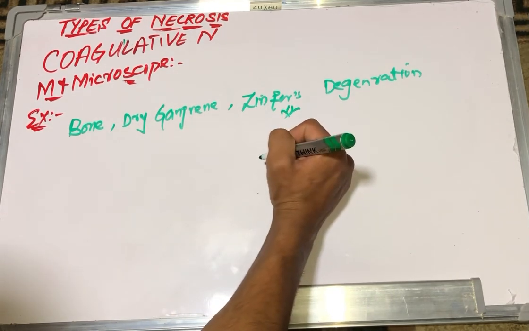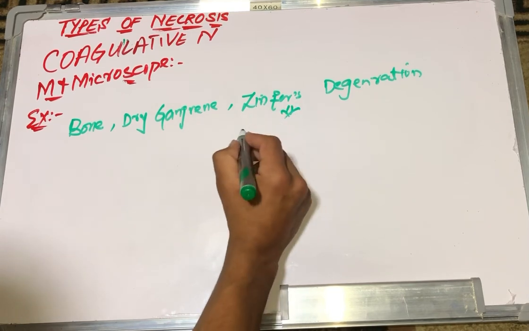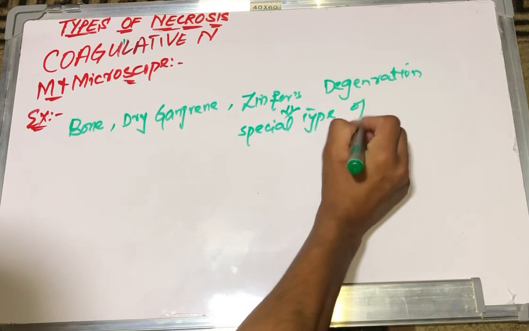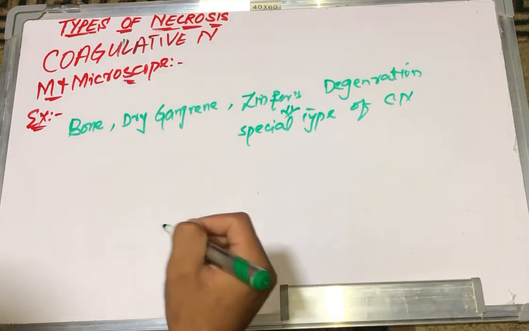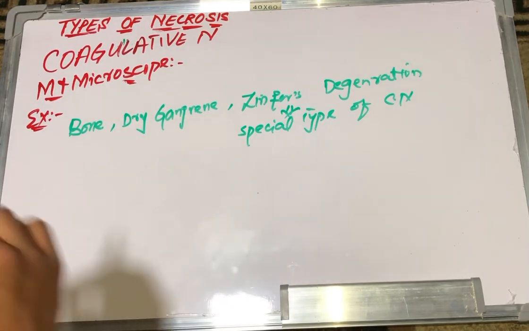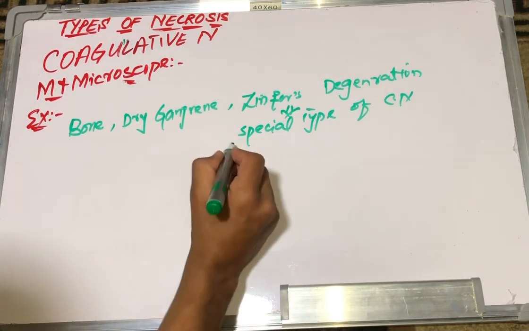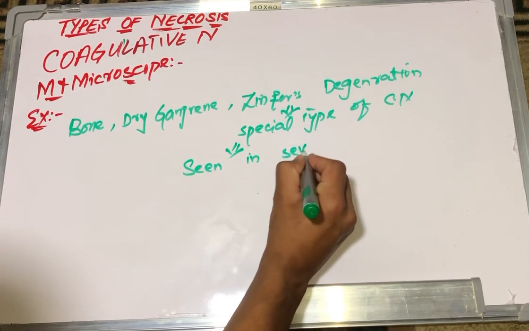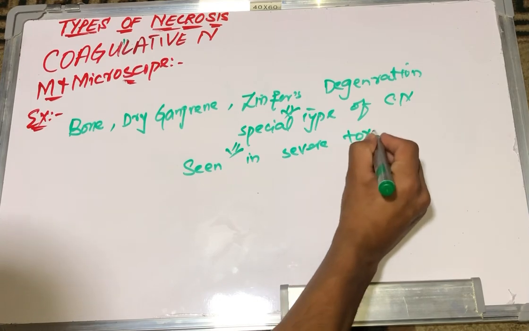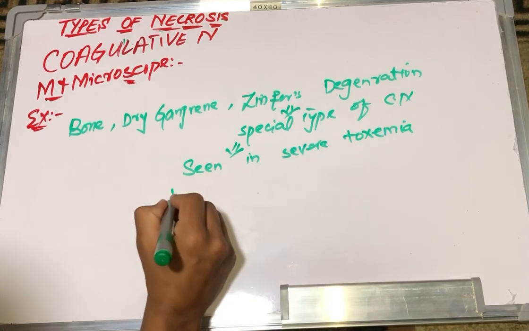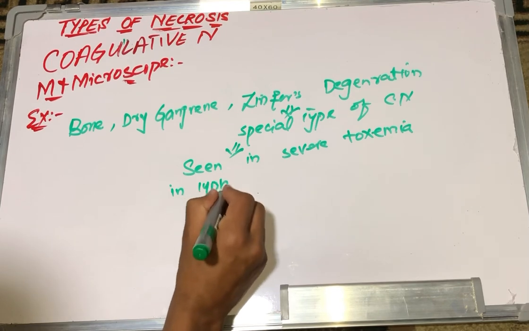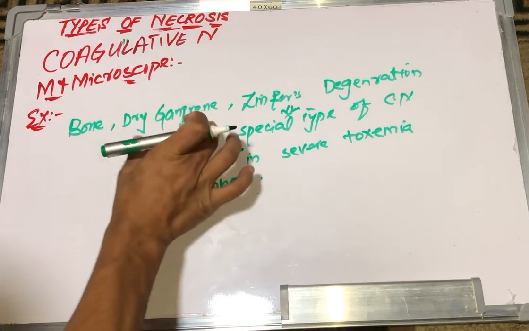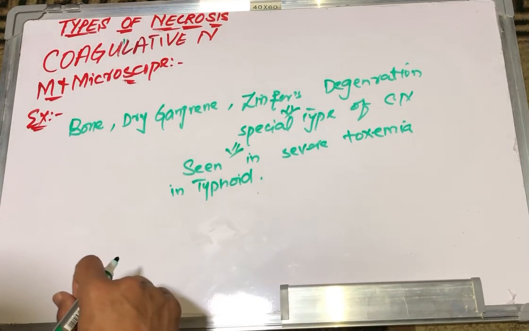What is Zenker's degeneration? It is a special type of coagulative necrosis which is seen in severe toxemia, as in typhoid patients.